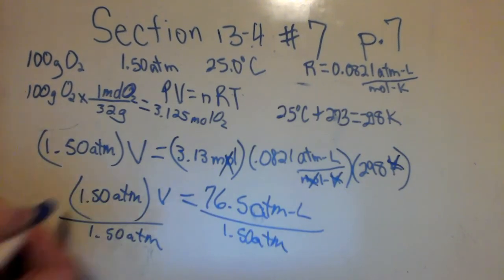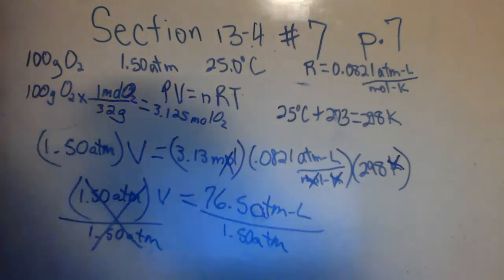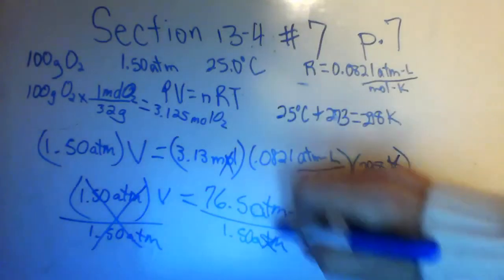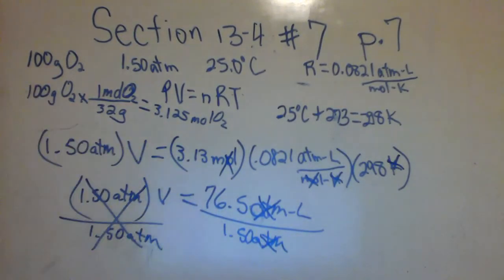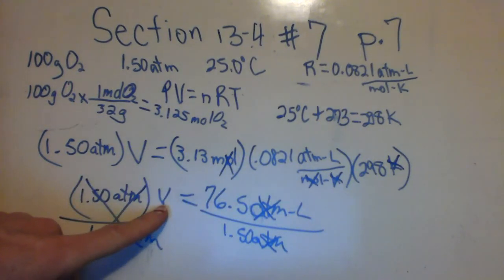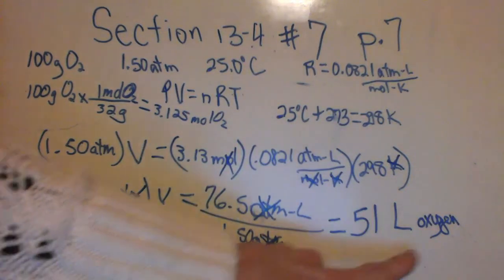When we divide, the atmosphere units cancel. We're left with liters, which is what we're looking for when we look for volume. Now we divide. Our answer comes out to 51 liters of oxygen.